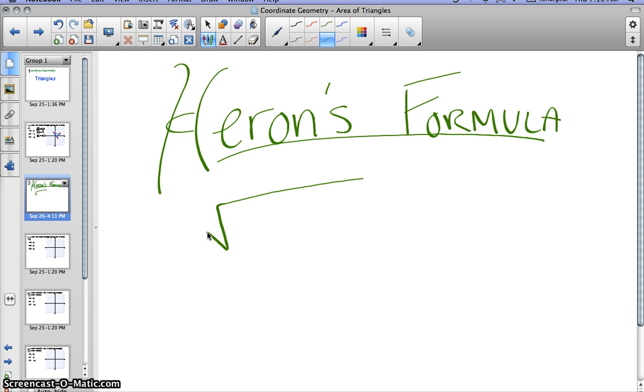In Heron's formula, it looks like this. We use the square root of P times (P minus A) times (P minus B) times (P minus C). It looks like a lot, and it really isn't, because I'm going to explain exactly what each one of these variables represents.